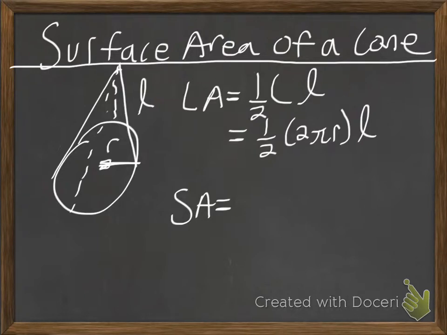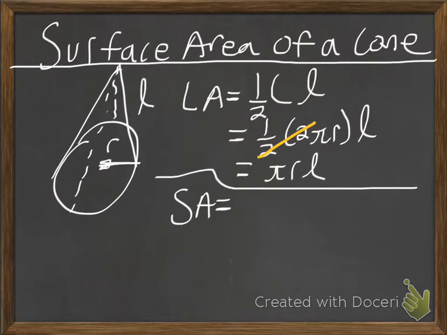The reason I'm using this formula is because 1/2 times 2 would cancel each other and become 1. And so that gives us our formula for the lateral area of our cone, pi r times L. So if given the diameter, you should figure out what the radius is first before doing the calculation.